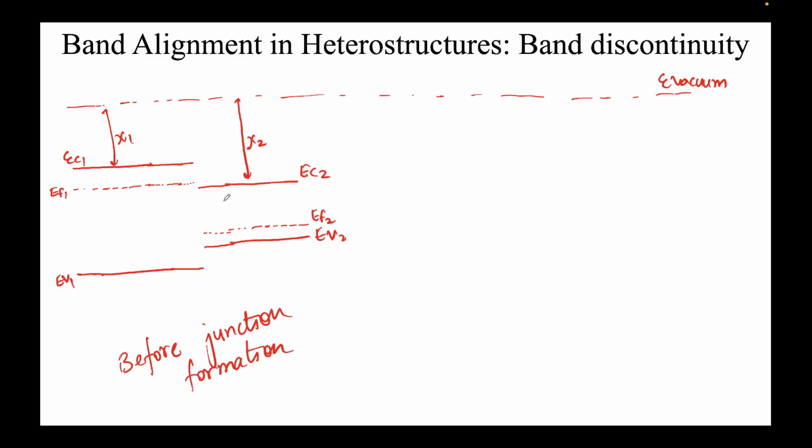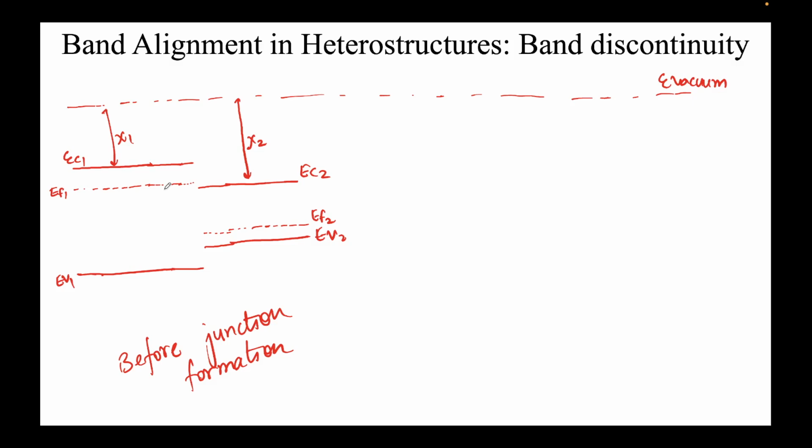So electrons naturally will try to flow, if it's possible, to a state with lower energy. So what you can see is that the electrons will now leave semiconductor 1 because energy is higher. This is essentially the average energy. EF1 is a statistical construct.